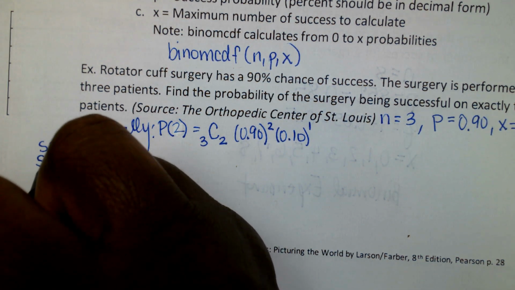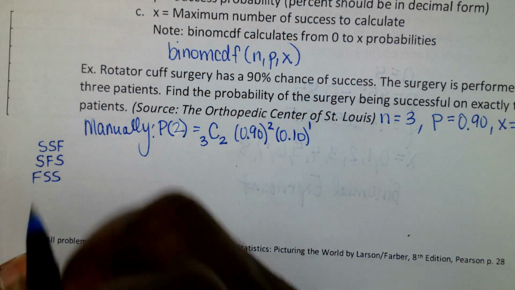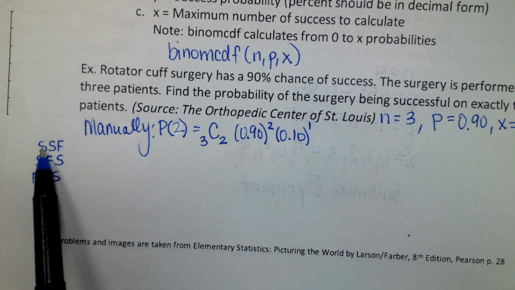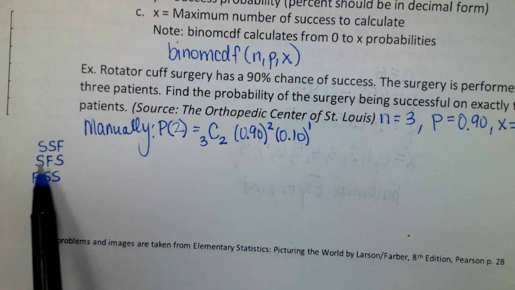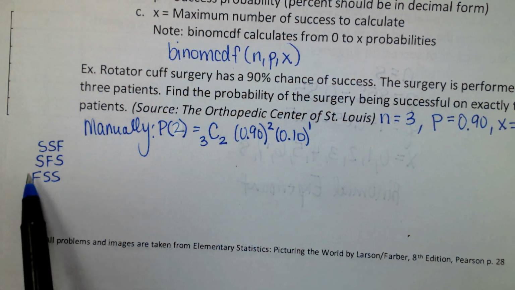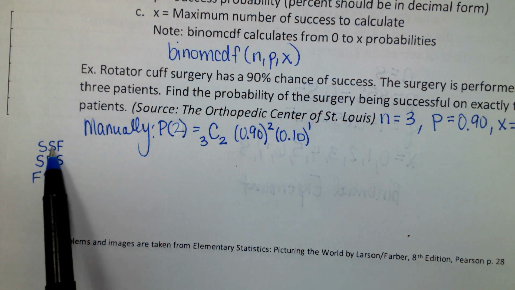We have success, failure, success. And we have failure, success, success. That's exactly 2 successful. I can't have this any other way with exactly 2 successes.